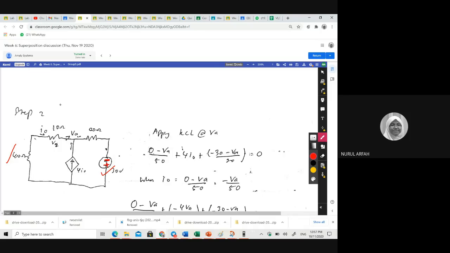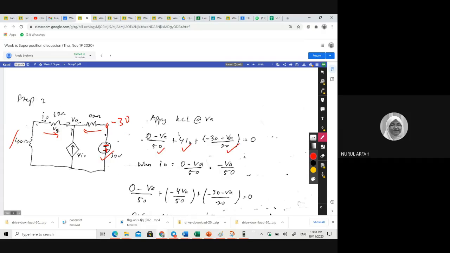Right, so this is negative 30. And your current direction again, this way, and all enters, right? So 0 minus VA, okay, this is okay. Minus 30, okay. Okay, good.